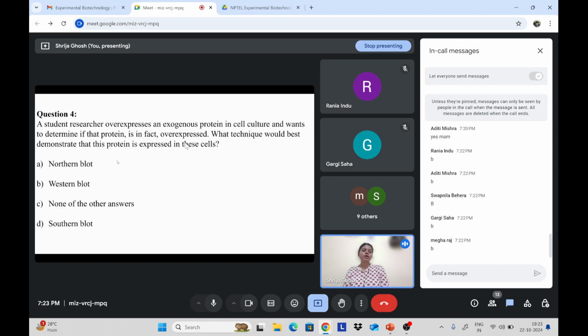Okay, most of you are answering option B, that is Western blot. So you guys are correct about that.